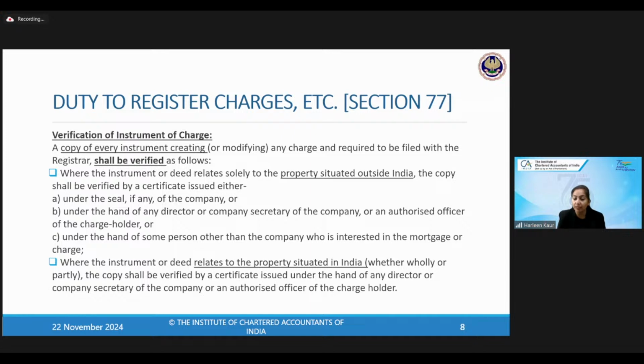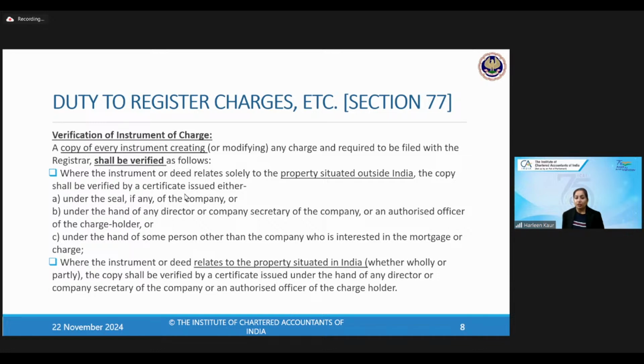When the property is outside India, then director, CS or any other person can sign. When the property is situated in India, regarding the Mumbai property, it was partially in India, partially in Dubai, then also the Indian copy of verification has to be signed by the director or company secretary or any other authorized person of the charge holder. Who is the charge holder? HDFC Bank, its authorized person can also sign the verification documents.